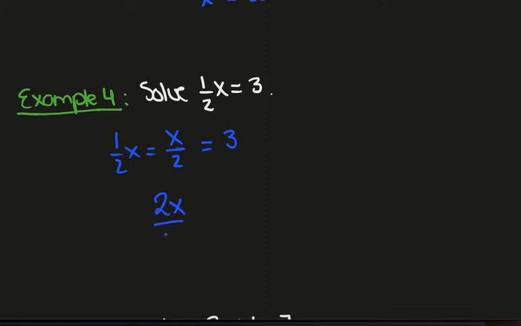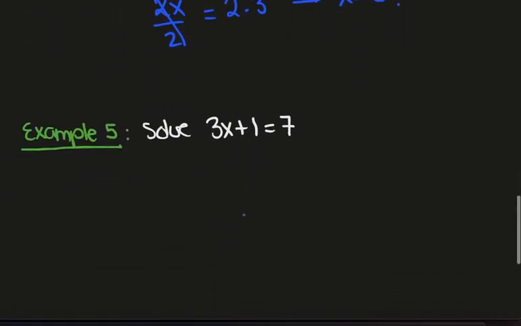So we'll have 2x divided by 2 equals 2 times 3. The 2's cancel, and so what I end up with is x equals 6. And you can see that again, if you just put x equals 6 into this equation, I get 6 divided by 2 is 3, and that verifies that we got the right answer.